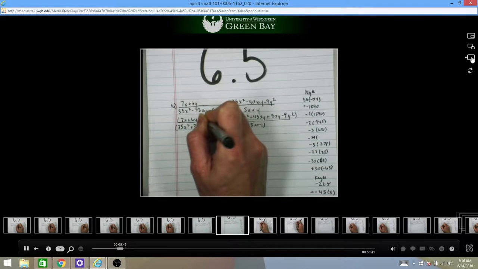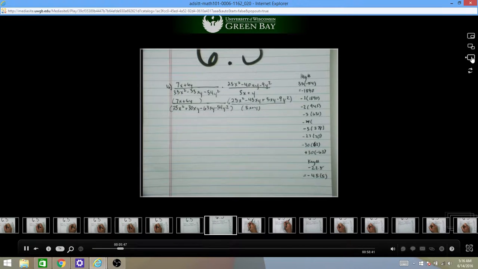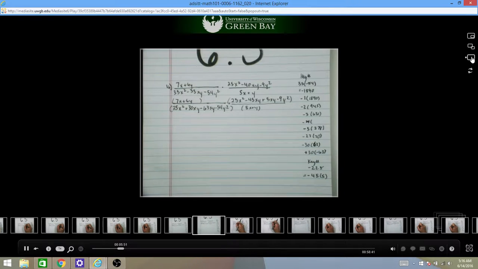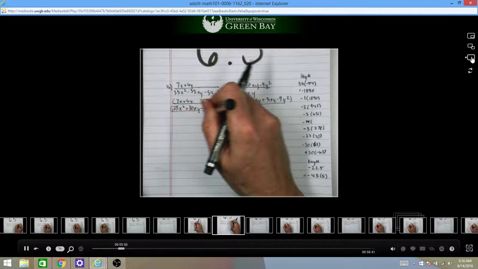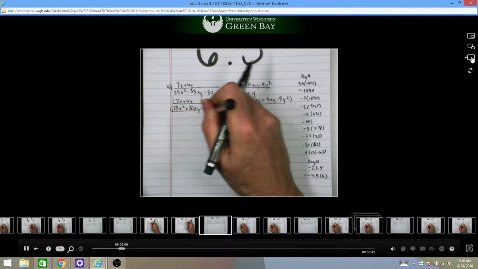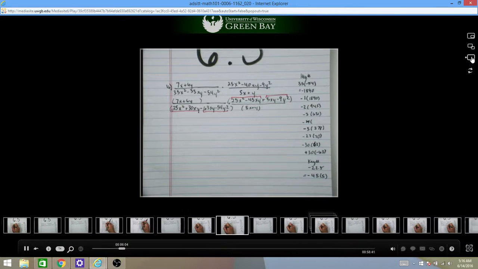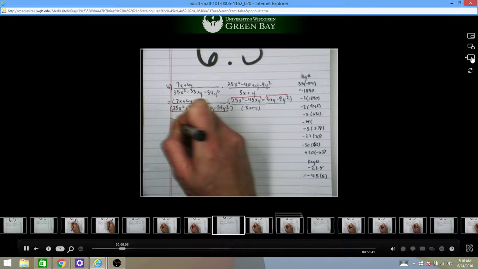So you split up the inner and outer terms, and then you can factor by grouping. So you look at this as two sets of two terms. The greatest common factor on the first two terms would be 5x.